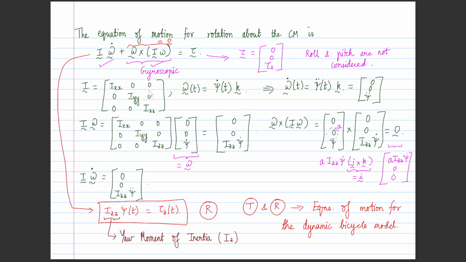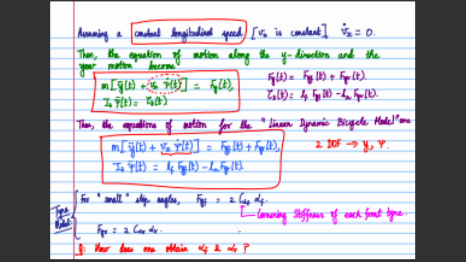So this is the inertia matrix, right? And we are just writing the above equation as follows. So we end up getting Izz into psi double dot(t) equals tau z(t). So combining translation and rotation, we get the equation of motion for the dynamic bicycle model.